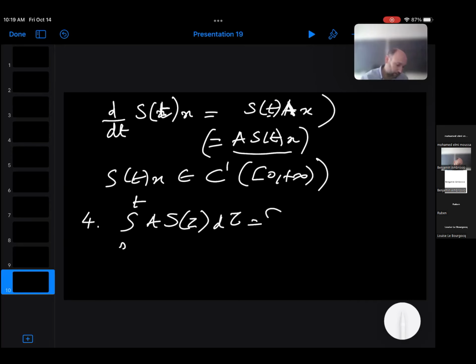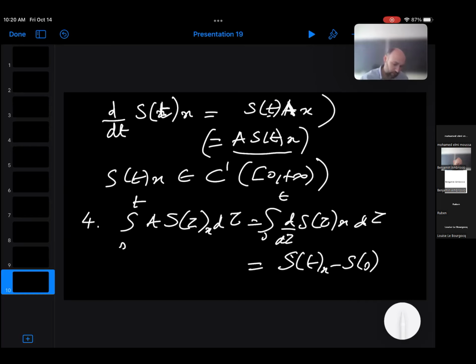Okay, so this is the integral between 0 and t of d/d tau of S(tau) x d tau, and this is S(t)x minus S(s)x. And we are done with theorem 4.